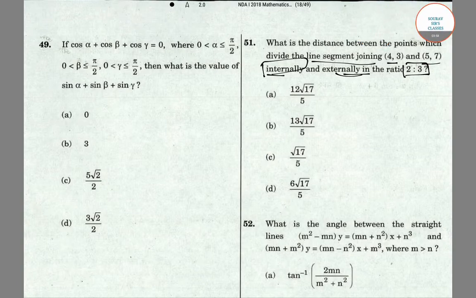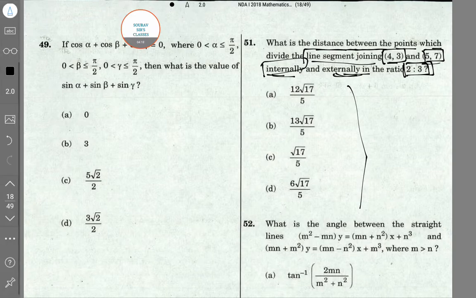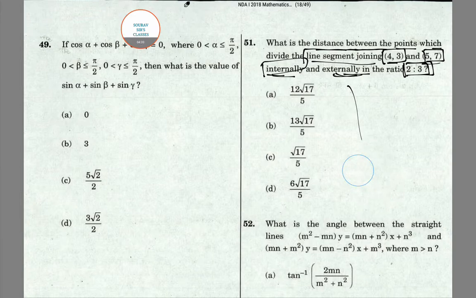I'll be repeating the question. We have these options, out of which we have to find out the right answer.